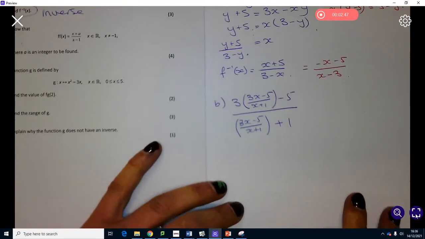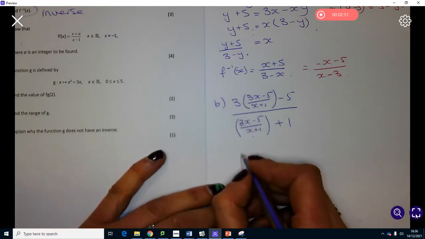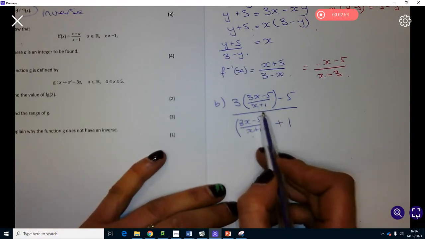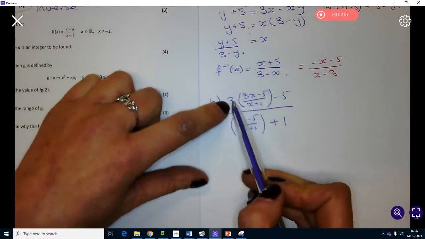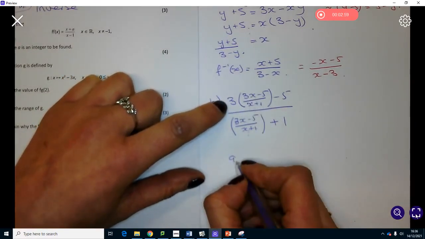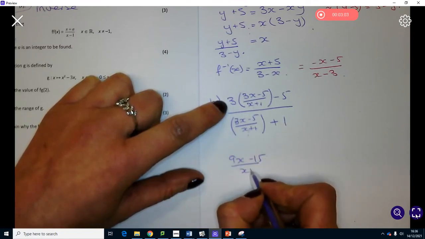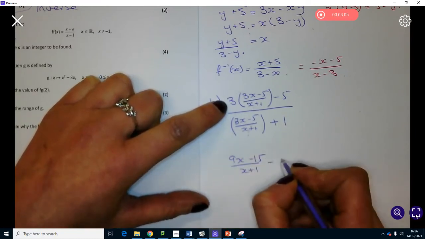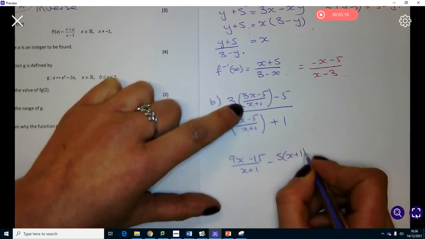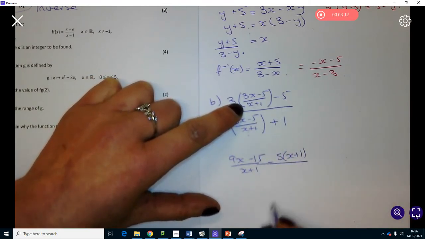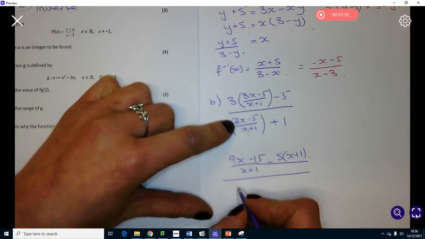The next step is to eliminate these denominators within the fraction. So the way I do that is give everything a common denominator of x add 1. I need to multiply out the bracket here, so that will give me 9x take away 15, and that's divided by x add 1. If you multiply the 5 by x add 1, you've now given all of that a common denominator of x add 1. And the same on the denominator.